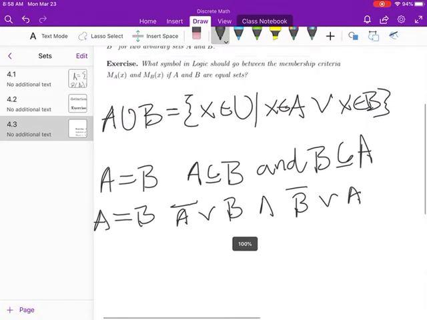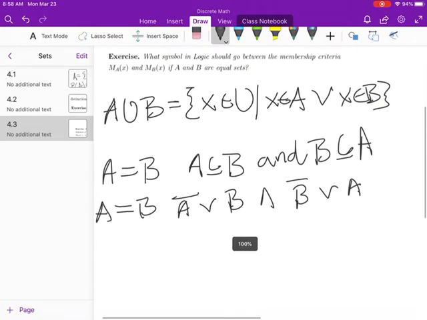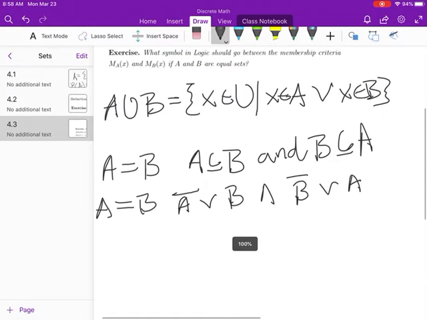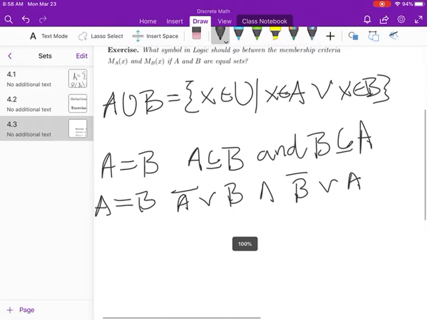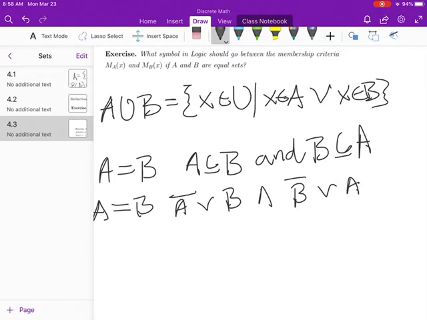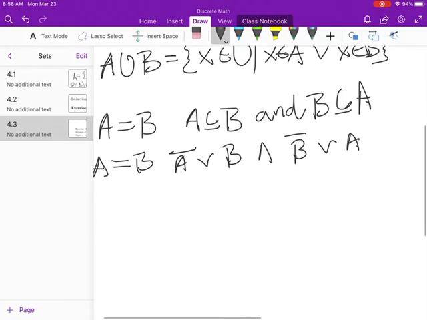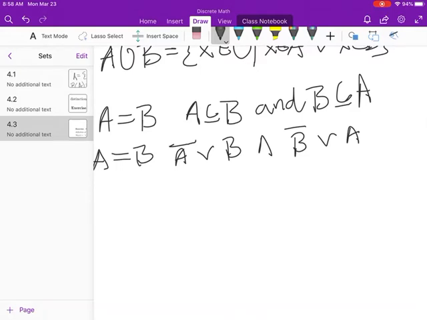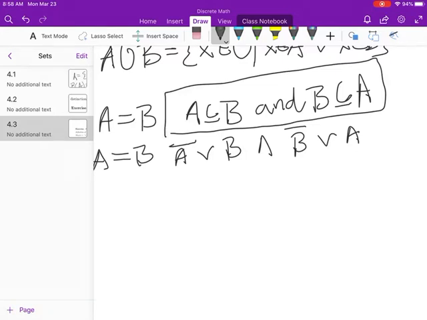The last exercise I want to go over says: what symbol in logic should go between the membership criteria, member of A, member of B, if A and B are equal sets. Well, let's draw our attention to this here.